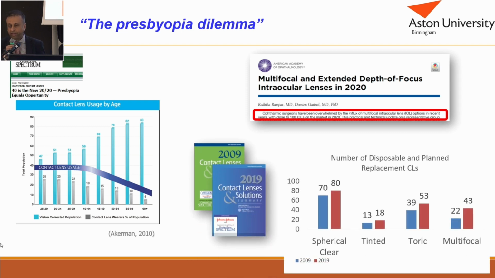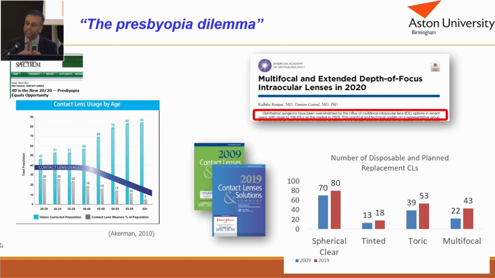This graph is showing you from 2009 to 2019 in the USA how many products were available in each of these categories. For spherical contact lenses, there were 70 products, now there are 80. For tinted, there were 13 products, now there are 18.